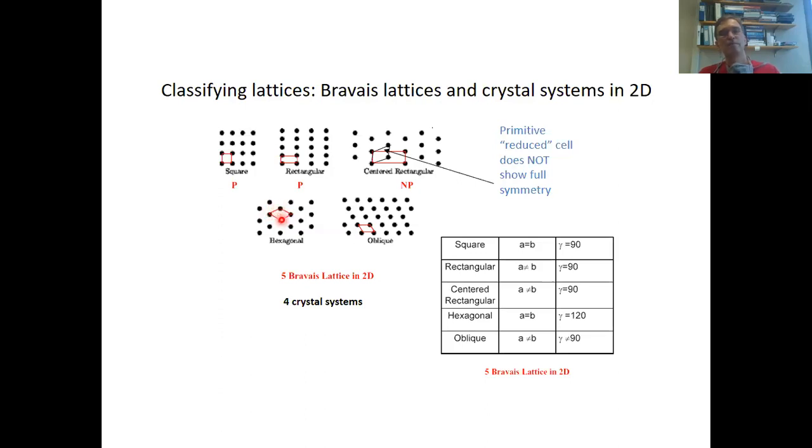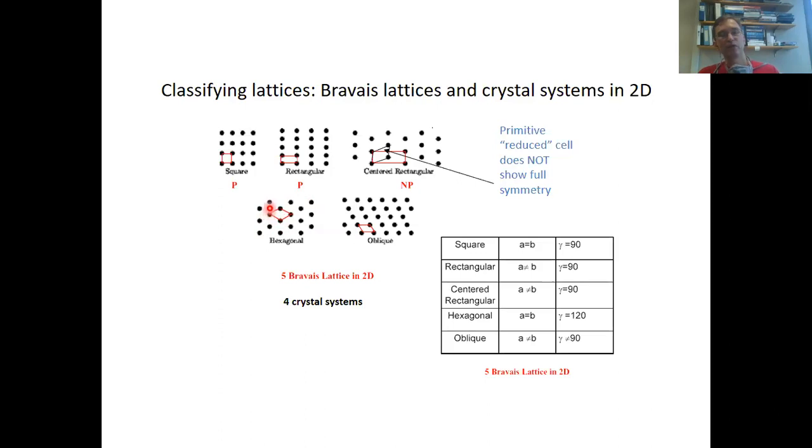Because if you put yourself on a particular lattice point and consider that the six-fold axis is on that lattice point standing perpendicular to this plane here, then it will move the lattice point correctly from one position into the next.